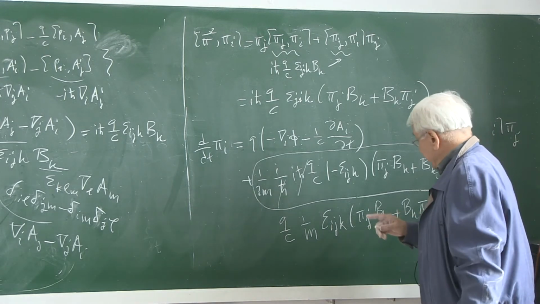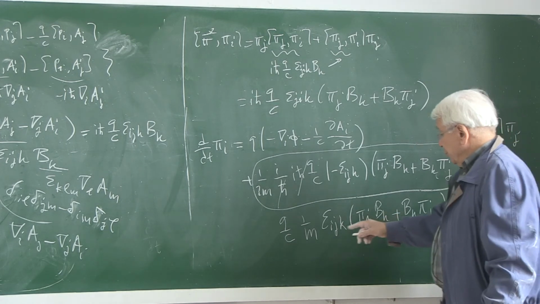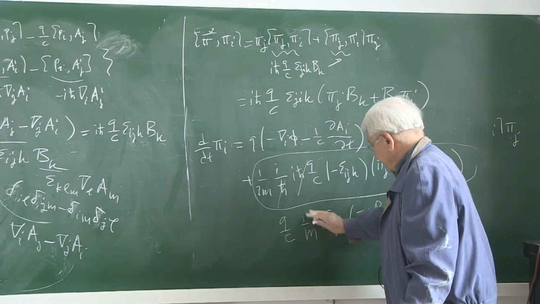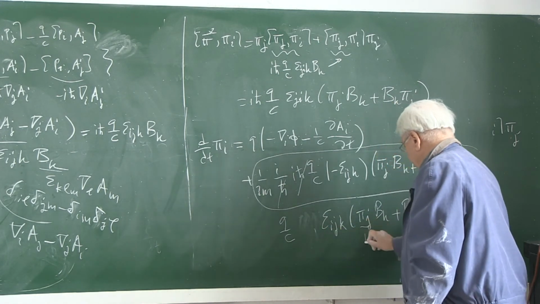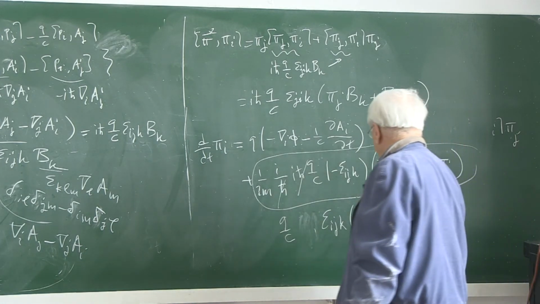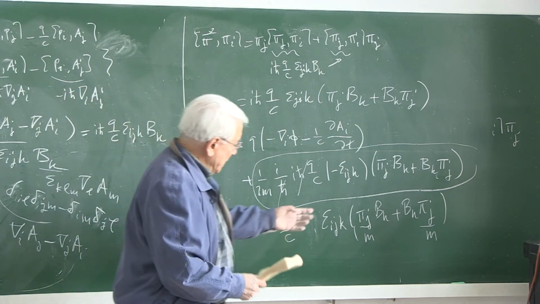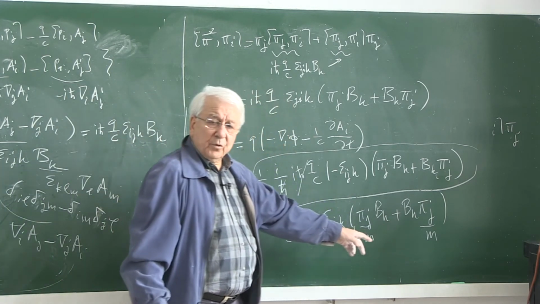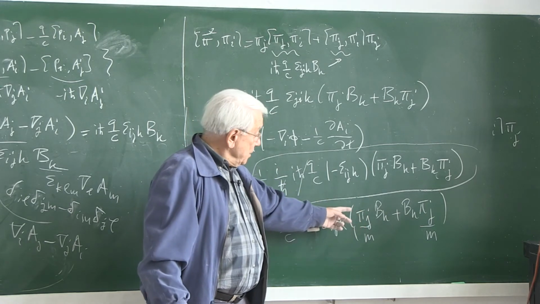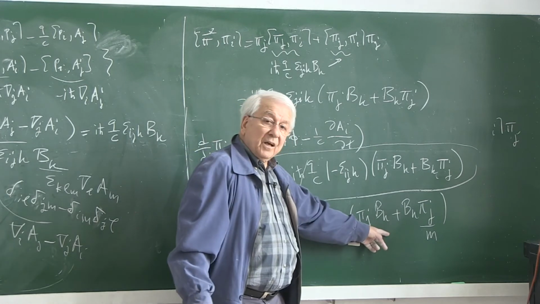I will use the eraser, please. Let's put the m's in here. What is this? Pi over m's are v's, right? Because we have shown that pi's are the mv's. This is mv, epsilon ijk pi_j b_k.